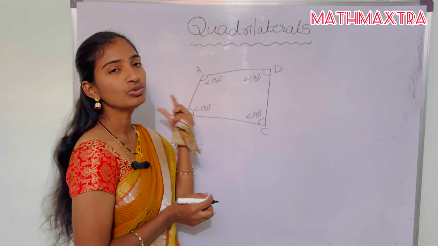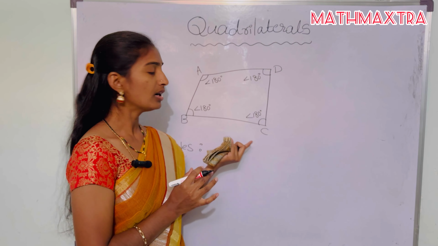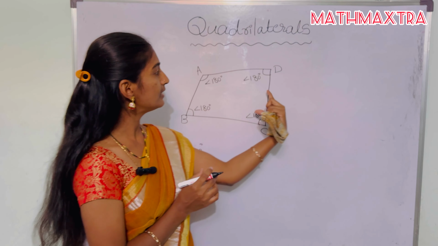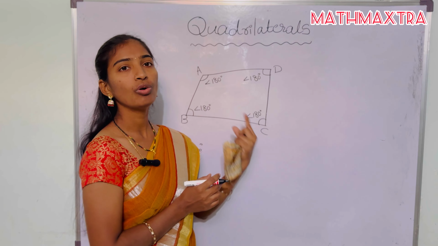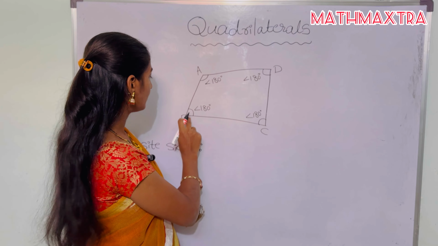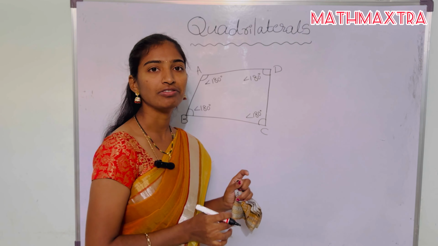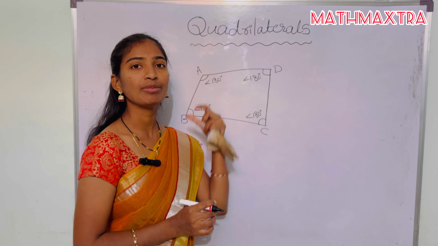If two sides don't have a common vertex, see, this AB side is one side and this CD side is one side. See, these two sides don't have a common vertex. These are two different vertices, isn't it? So these two sides don't have a common vertex.